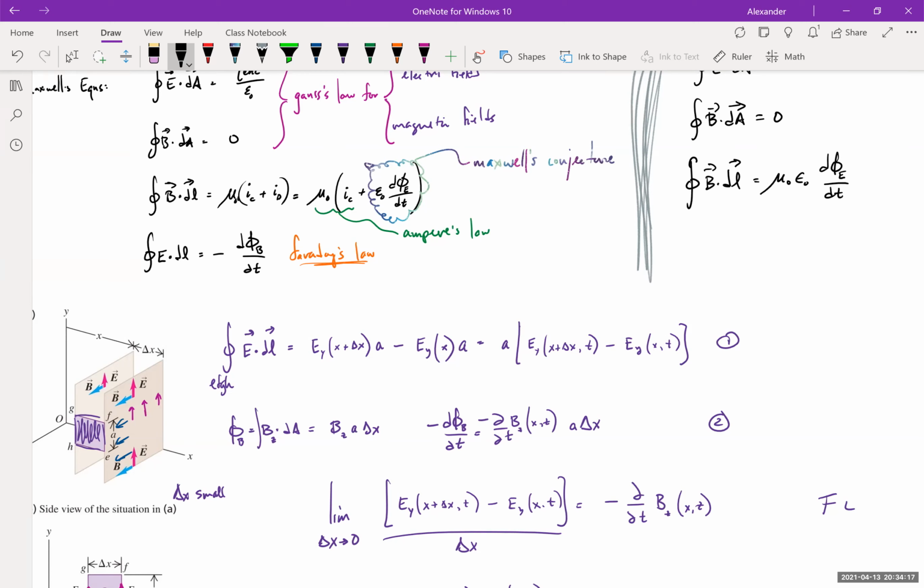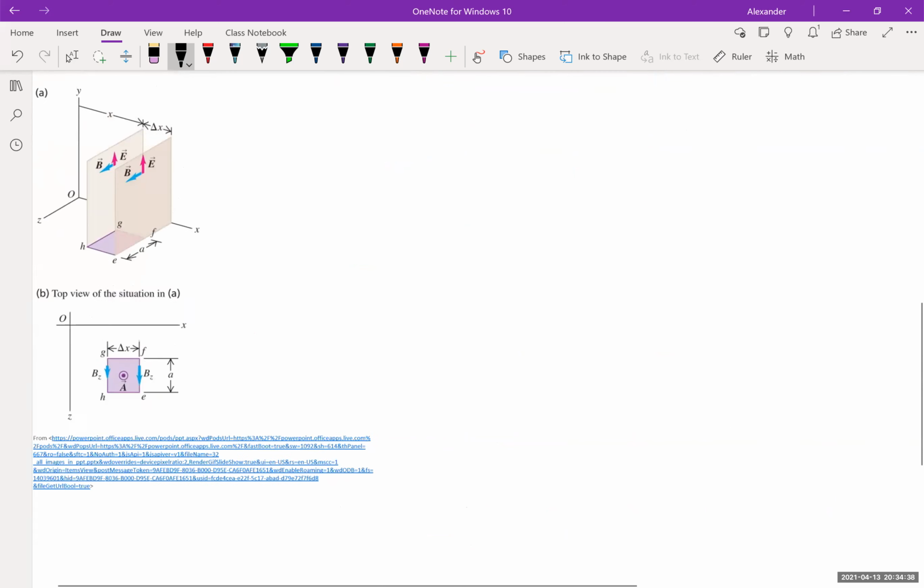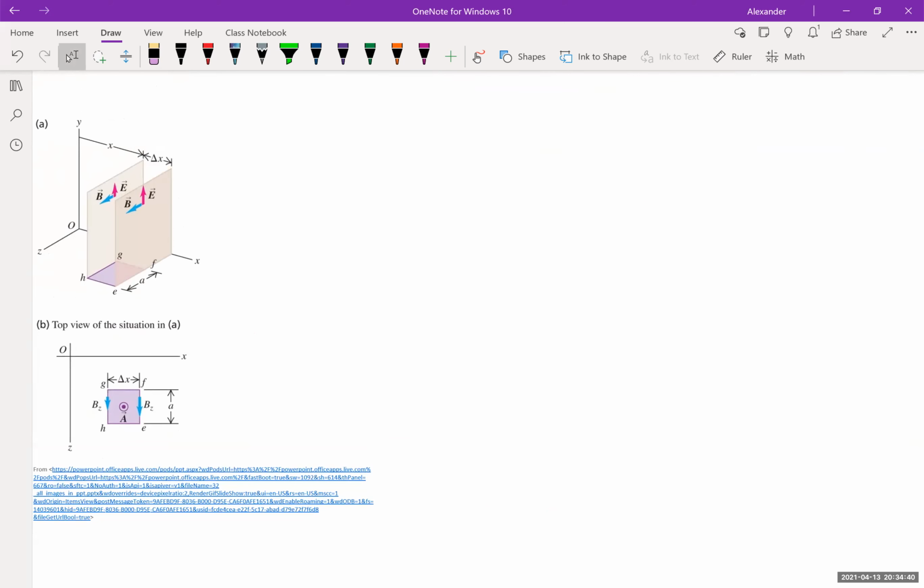And Faraday's law stays the way it was. All right. So in this current-free neighborhood of space, what happens if we evaluate Ampere's law? Or the Maxwell correction to Ampere's law?